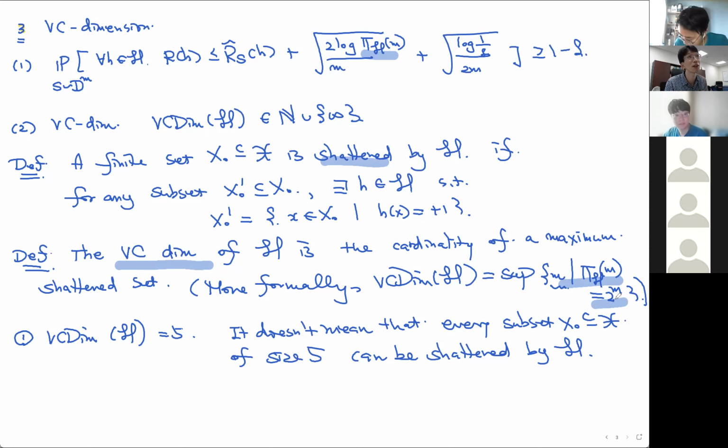Okay, does that answer your question? Okay, good. So the VC dimension doesn't talk about every subset. It just talks about some subset of size 5 being shattered.